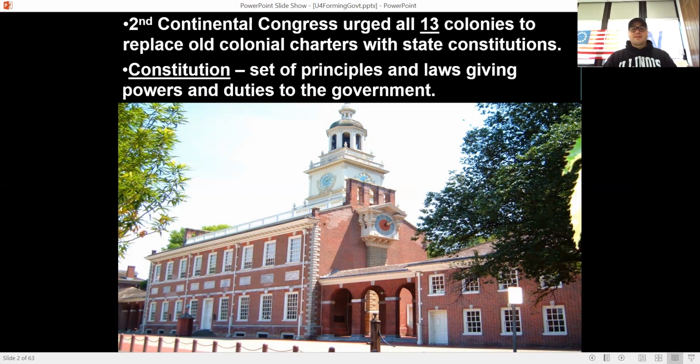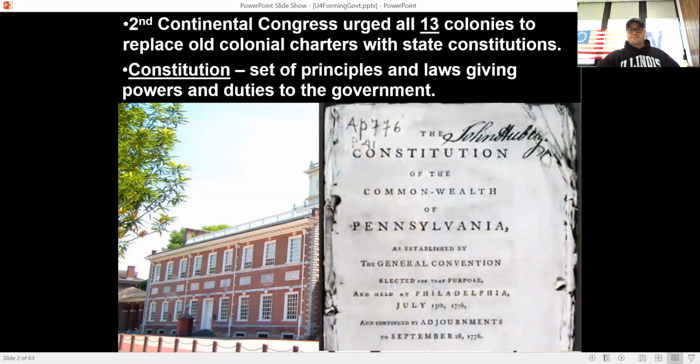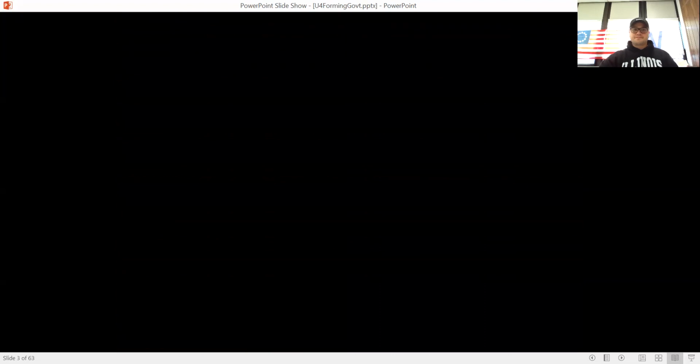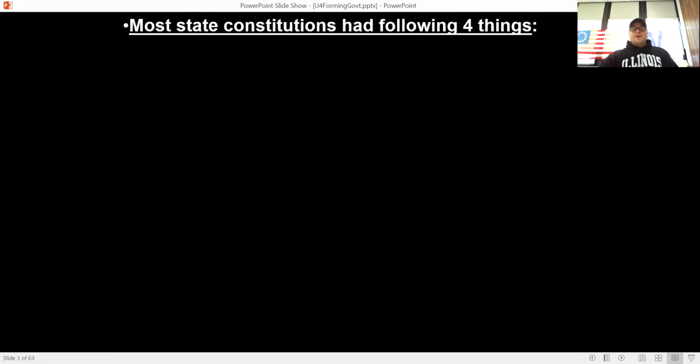One of the longest lasting state constitutions that we see today is Massachusetts, and that was formed in 1781. Most of these states are going to highlight 4 key items that are going to be used to govern their states, not only during the American Revolution, but well afterwards.